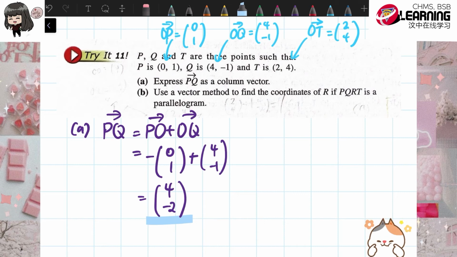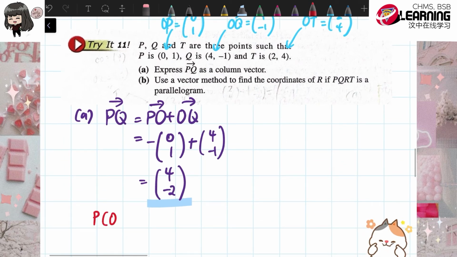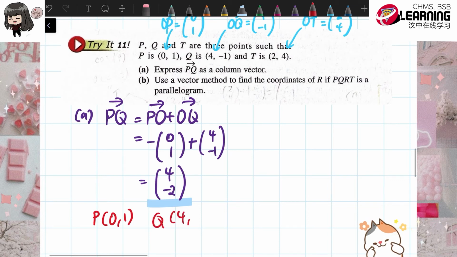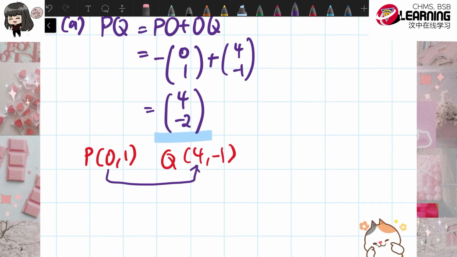If you are looking at it in terms of coordinates, you can just look at this. This is another method of doing it. What you do is you look at 0 to 4, which is basically go to the right 4 units, so this will be your x.